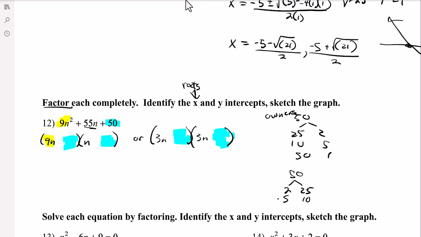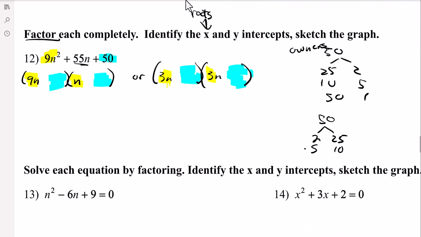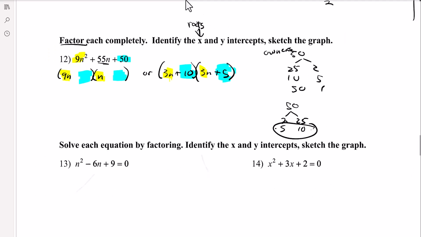Factors of the 9n squared go here and here, or here and here. And let's see what we can do. They have to add up to 55n. So if we choose these factors right here, so if I put 5 there and 10 there, yep, that should be good.